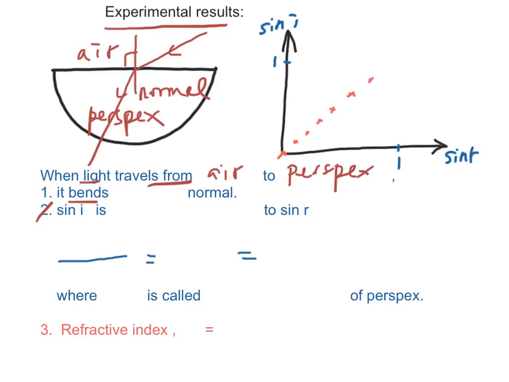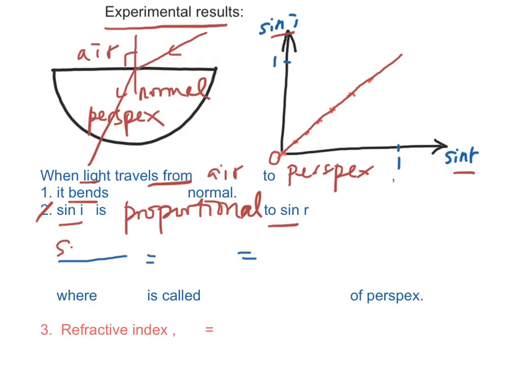Also, the graph of sin I against sin R shows that sin I is proportional to sin R. It is a straight line passing through the origin. The ratio sin I over sin R is equal to the slope of the graph, which is a constant value.